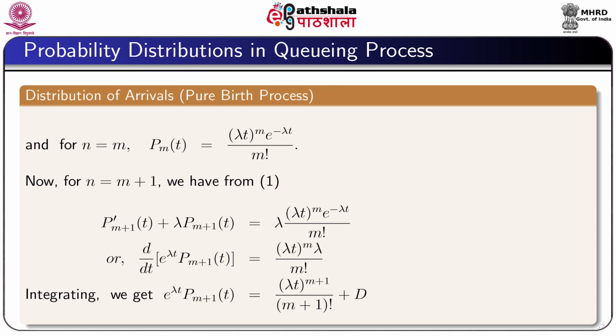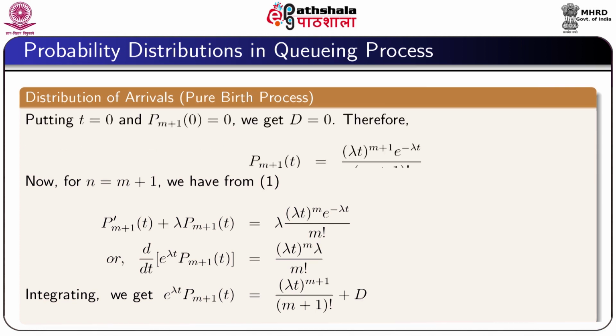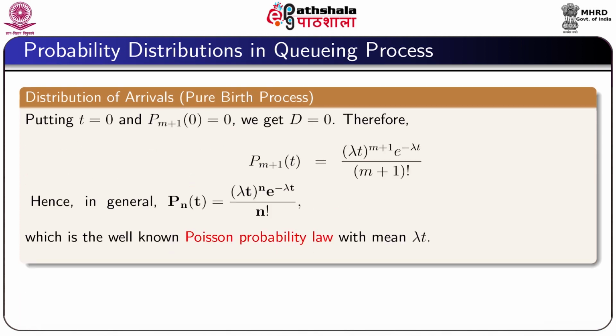And solving this equation, we ultimately get Pm+1(t) is equal to e to the power minus λt into (λt) whole to the power m plus 1 by factorial m plus 1.